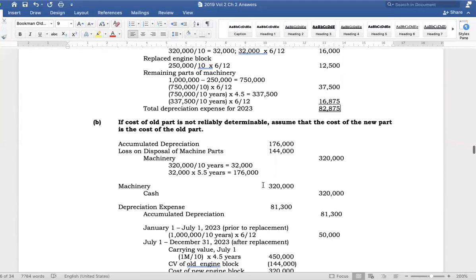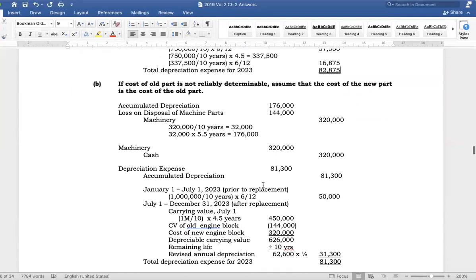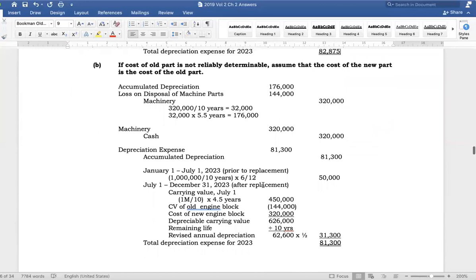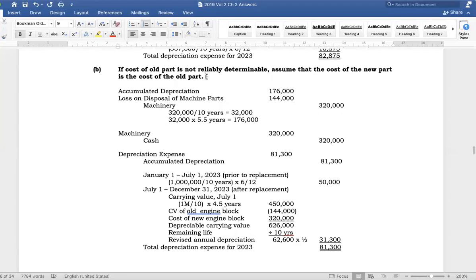Now, if the cost of the old part is not reliably determinable, and that is most likely because when we purchase the asset, we do not know exactly the cost of each component of the asset. So, what does IAS 16 state? IAS 16 states that if the cost of the old part is not reliably determinable, you are to assume that the cost of the new part is the cost of the old part after making adjustments for difference in quality or nature.